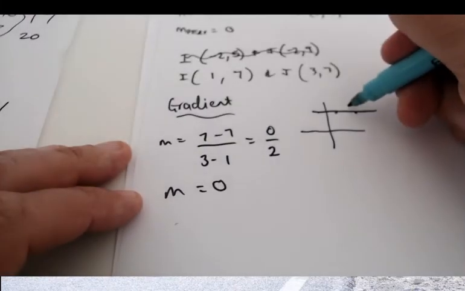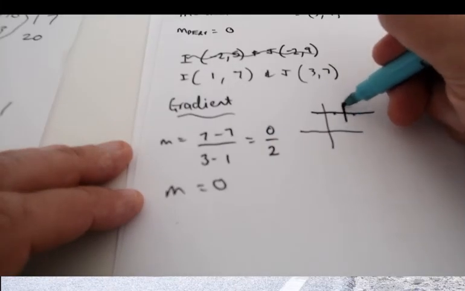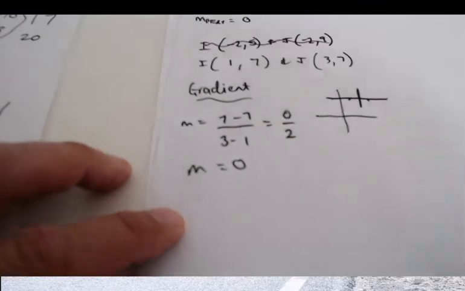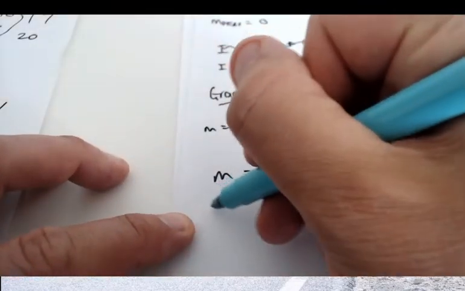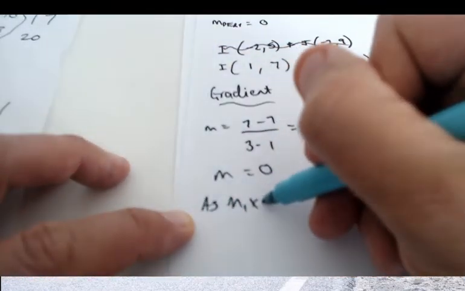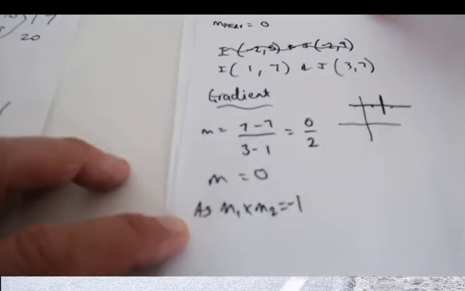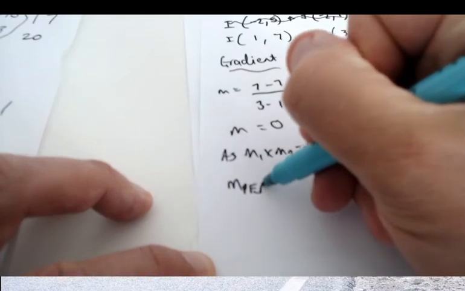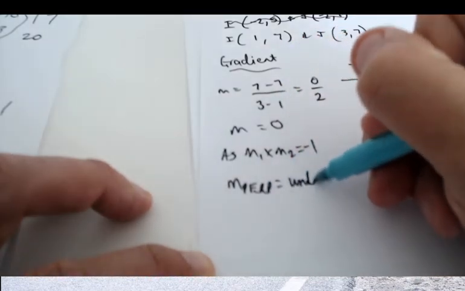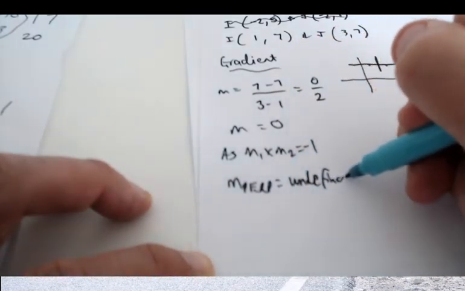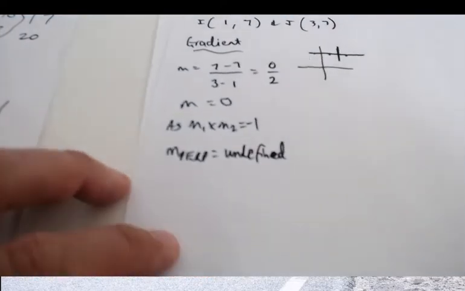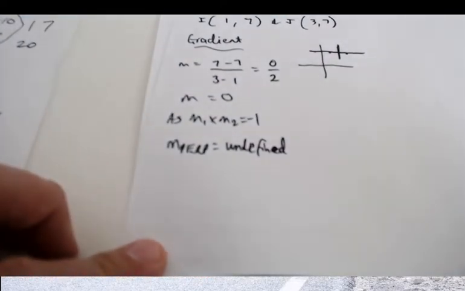Our perpendicular bisector will now be a vertical line. So in here, I should have written this in the last one. It's an exception to the rule though. So our perpendicular gradient is going to be undefined. You need to be on the lookout for horizontal and vertical lines.